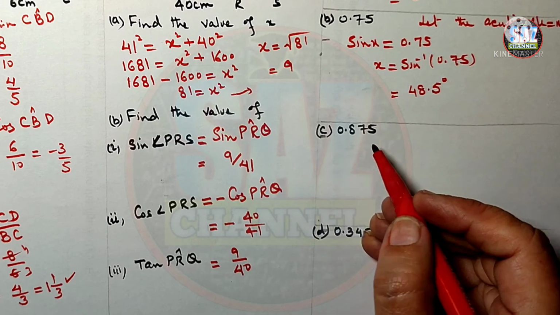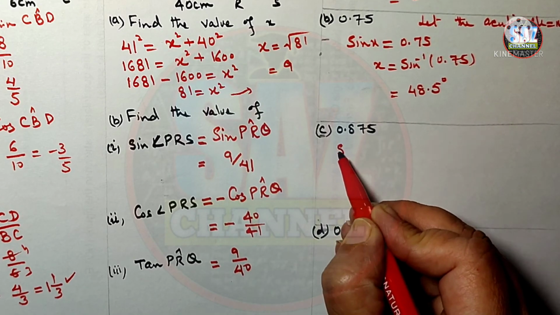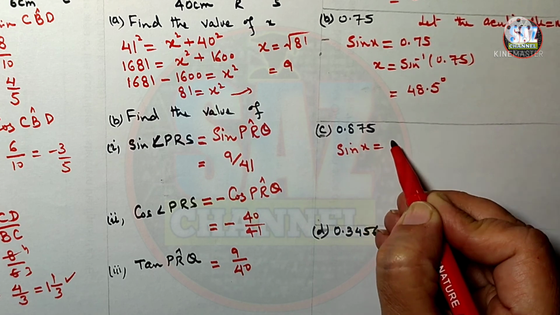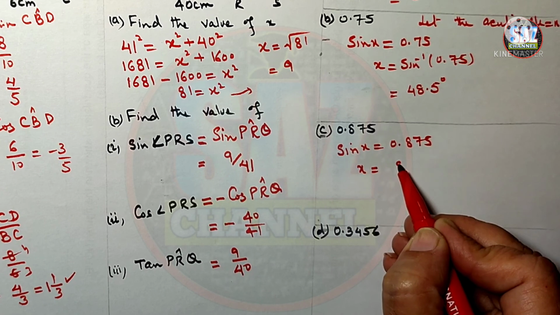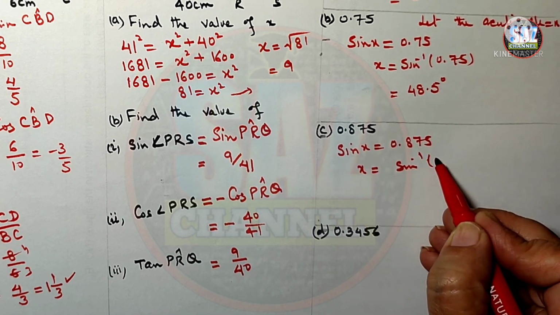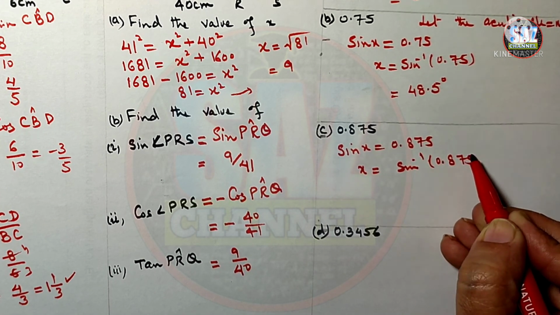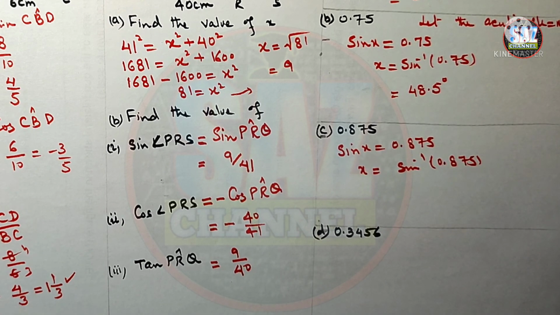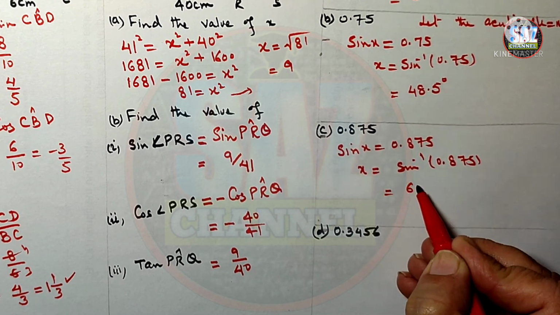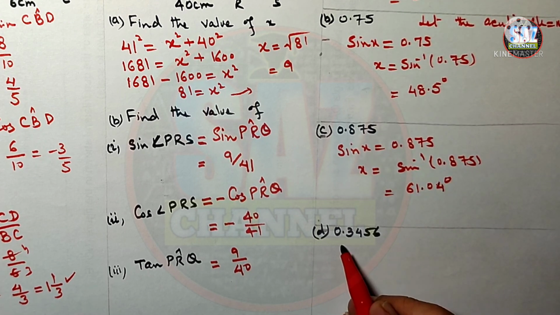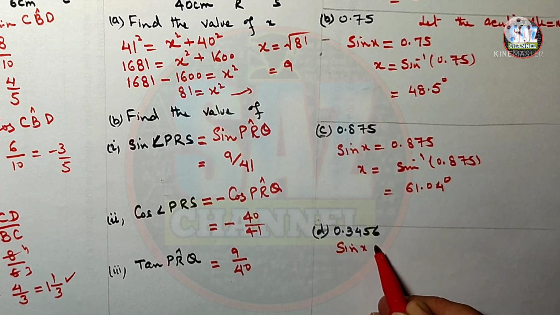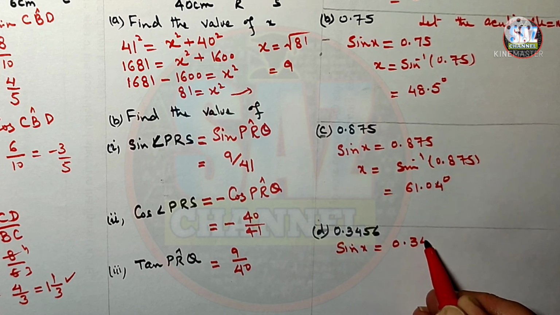Coming to the next part, that is 0.875. Again, sine of x will be equal to 0.875, and x will be equal to sine inverse of 0.875, and this gives me 61.04 degrees.